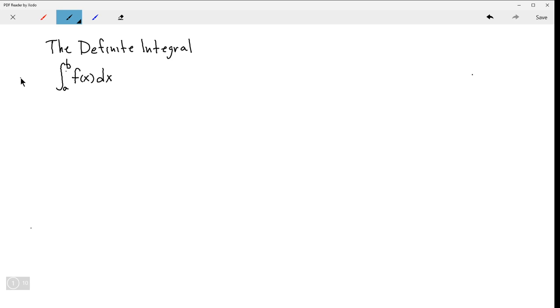Now, when we talked about the derivative, there were two meanings for the derivative, right? We had the idea of velocity: the rate of change of the position of an object, or the velocity of an object. And we had the maglev train as our example.